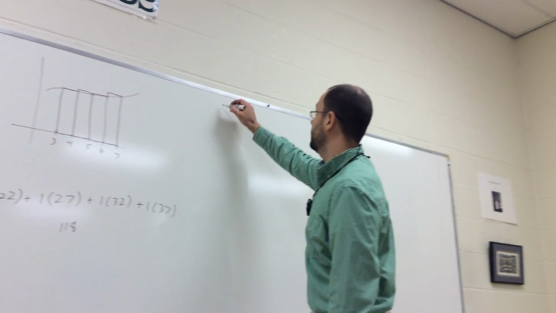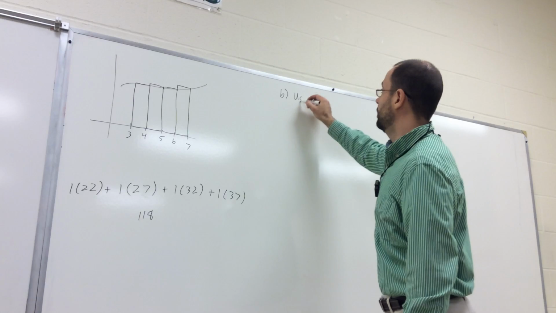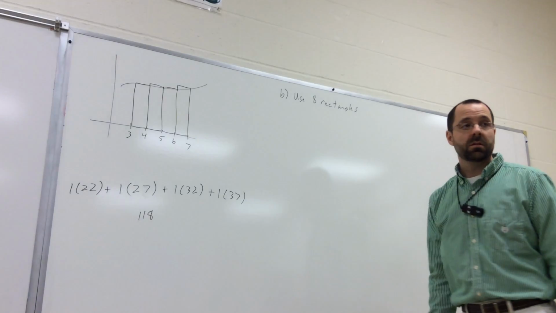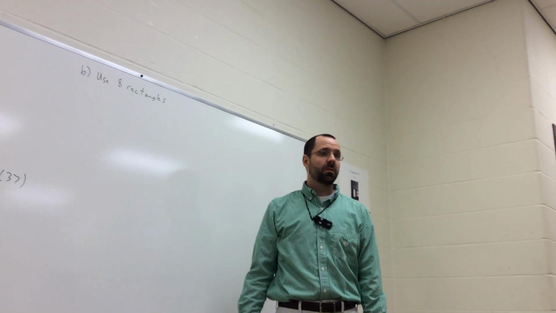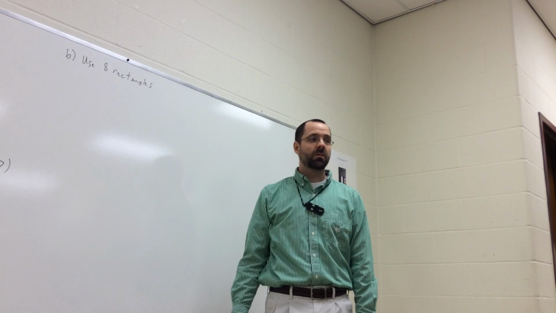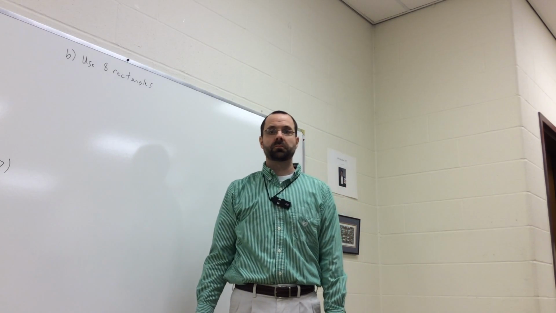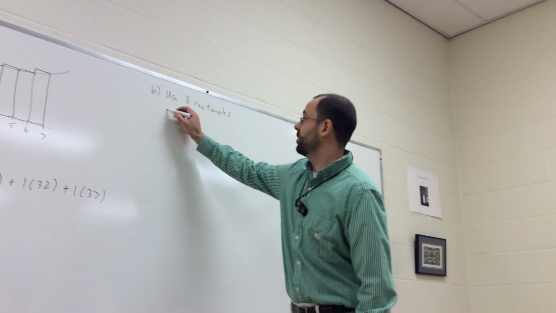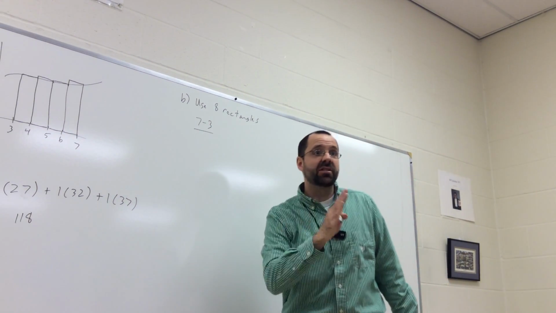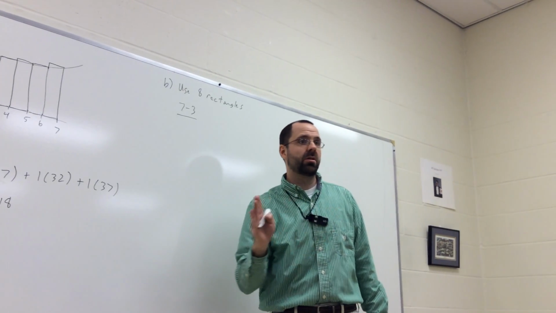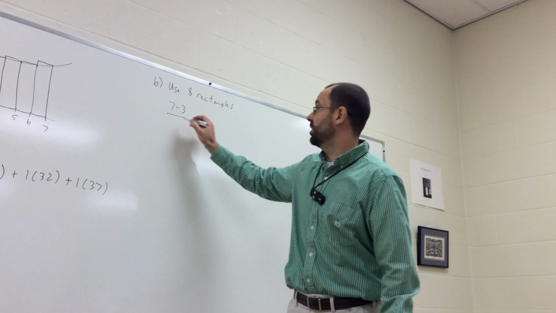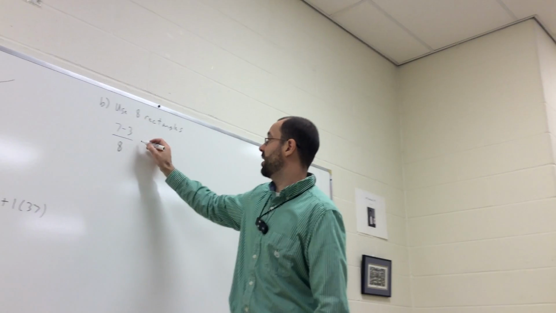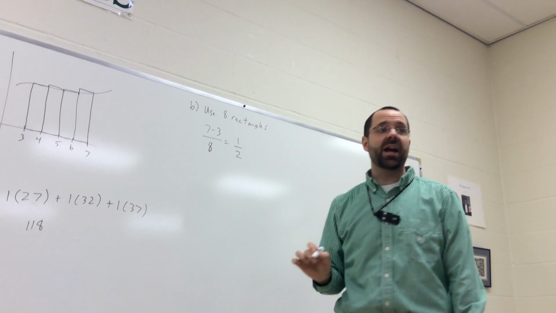Okay, so now for part B, I'm going to use 8 rectangles instead. When I do 8 rectangles, I'm still going from 3 to 7, so I'm still trying to cover a width of 4. But now I'm going to divide it up into 8 equal parts. So now the width of each rectangle is 1/2.